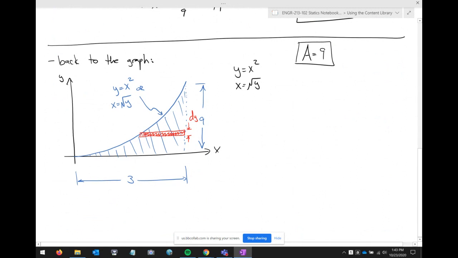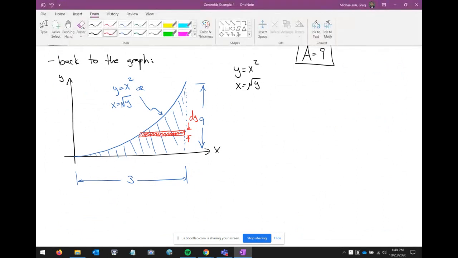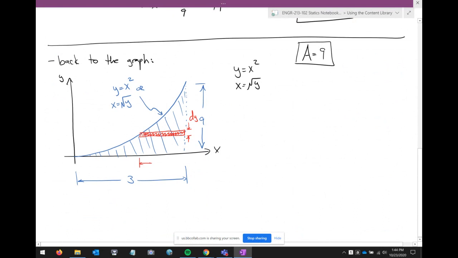Now, if you say that the width of this rectangle is x, that would be wrong. It's not x. And here's why. This dimension is x. I mean, what is x? X is defined from the origin to the curve.